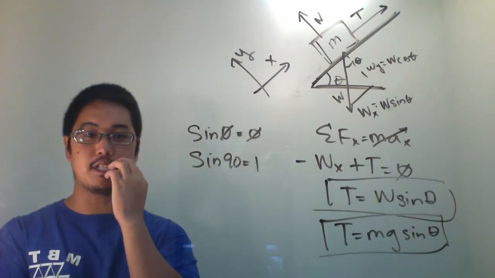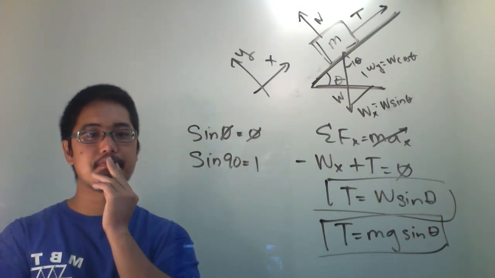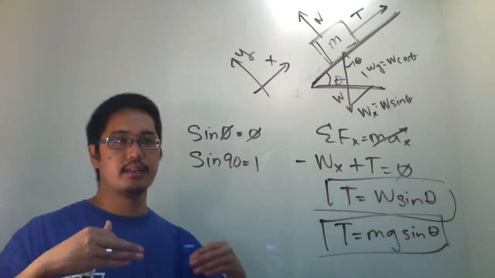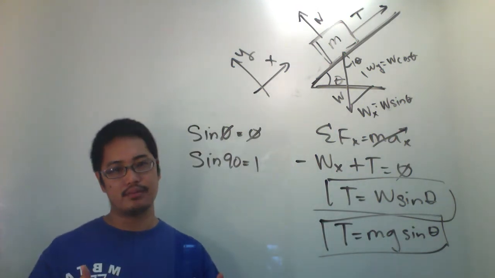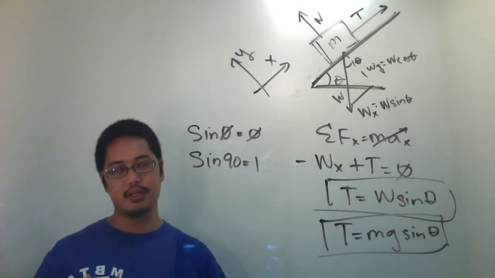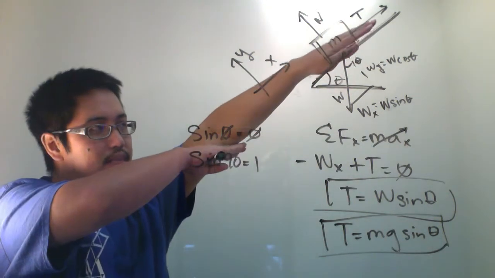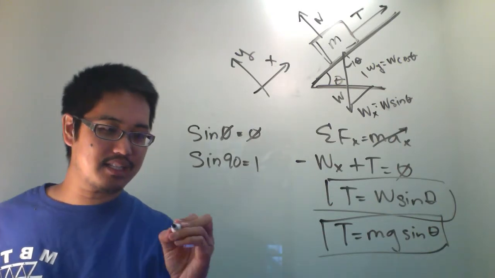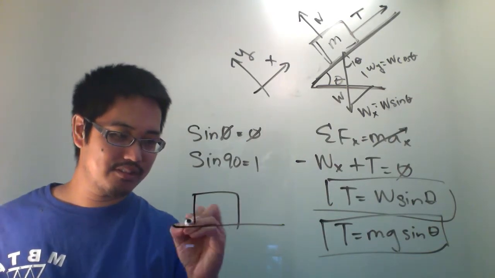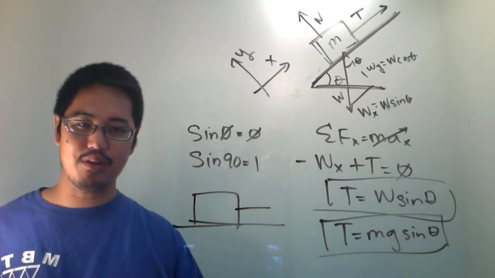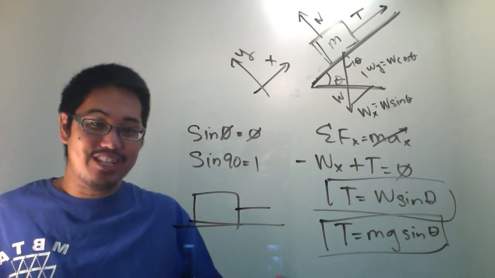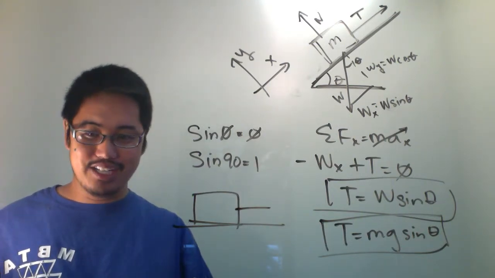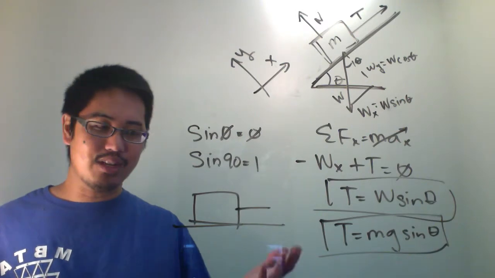What's 0 times mg? 0. Perfect. But does that make sense to you? Yeah. Because if I brought this incline down to 0 degrees, then the question is really asking, what's the tension in that rope? It's nothing. There is no tension in that rope. It's kind of a dumb question.